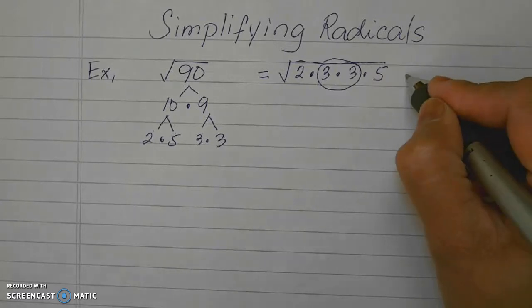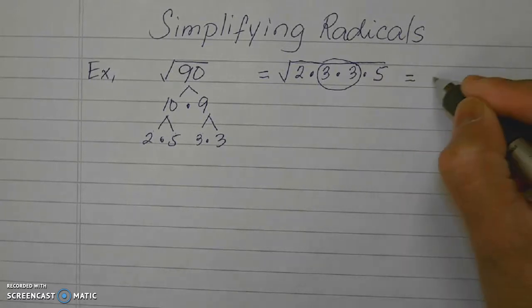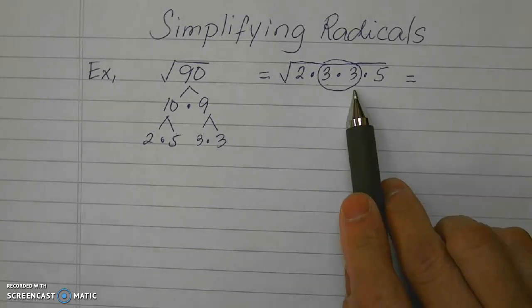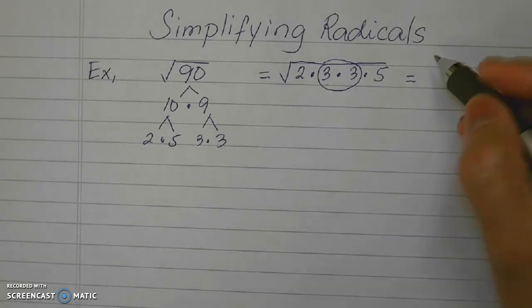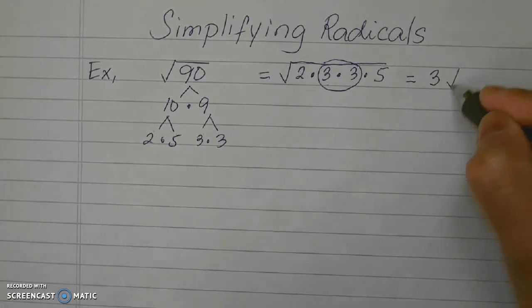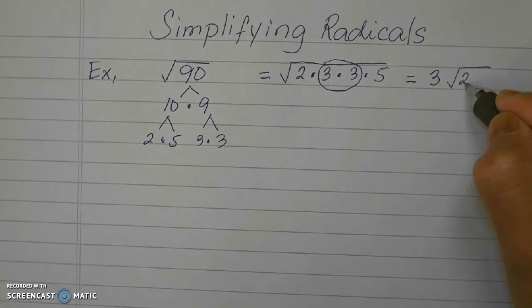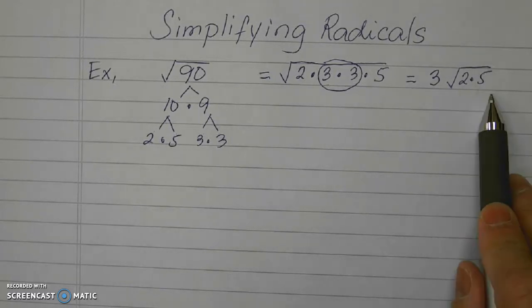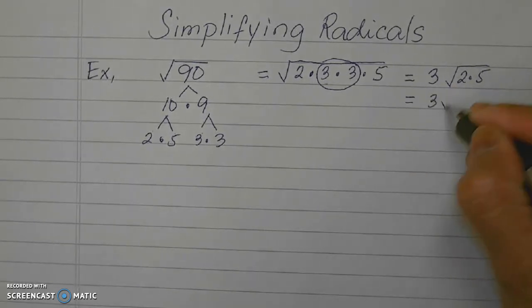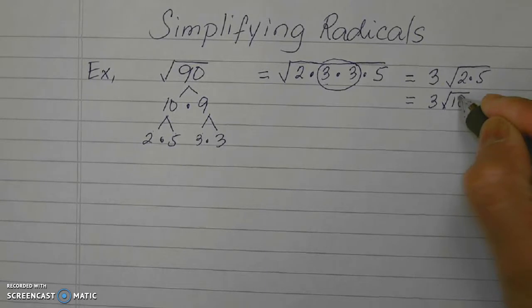In other words, this will now be equal to, you're going to take them out, and that's actually a 9. And the square root of 9, we all know, is a 3. And 2 times 5 will stay inside because they don't have any pairs. Therefore, your final answer is 3 square root of 10.